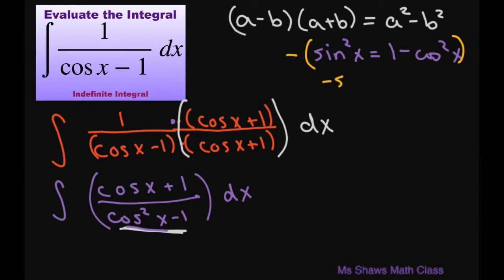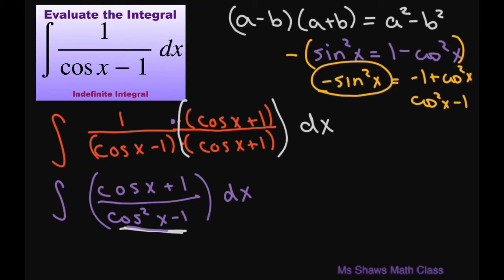That would give you negative sine squared of x equals negative 1 plus cosine squared of x. Now we can rewrite this as cosine squared of x minus 1. So as long as I put the negative sine squared, we'll be good.